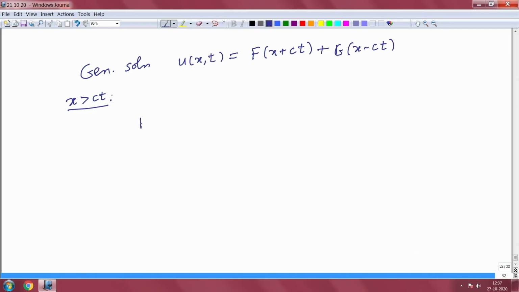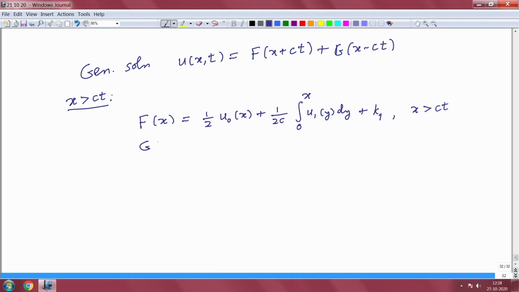As before, you just check, this is what we did earlier: f(x) equals 1 by 2 of u0(x) plus 1 by 2c times the integral from 0 to x of u1(y) dy, and we can always put a constant k1 here, and this is valid only for x bigger than 0. And g is similarly given.